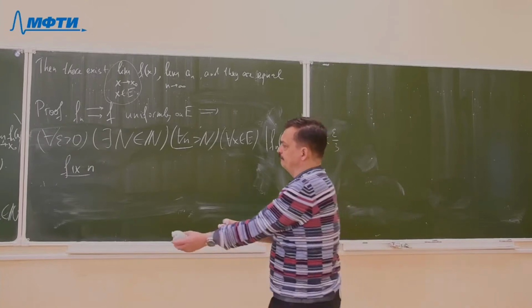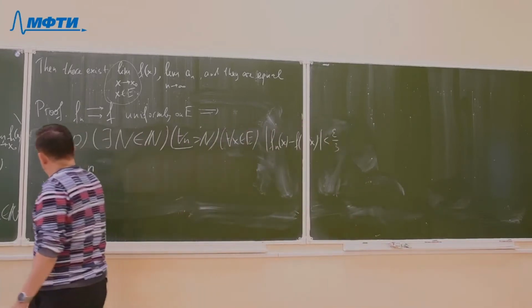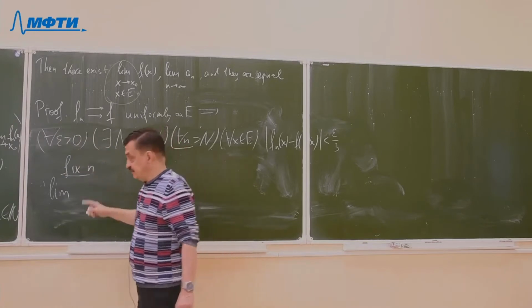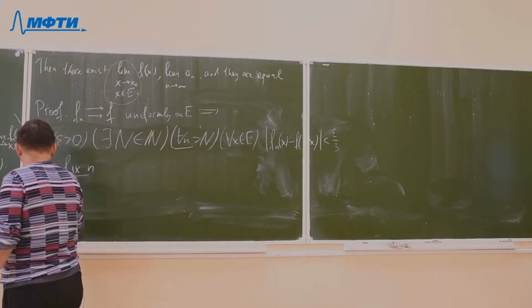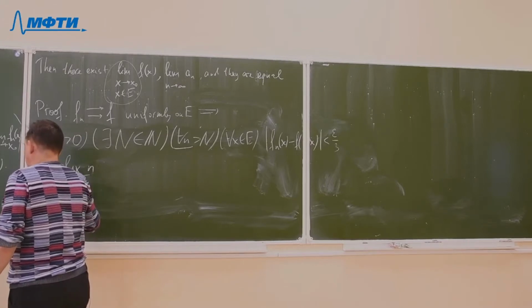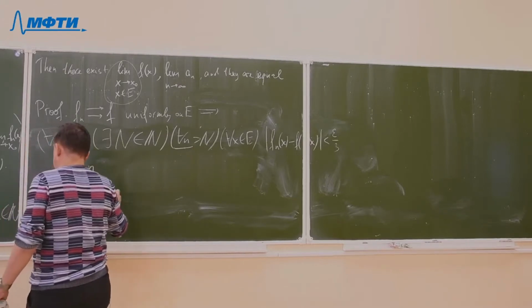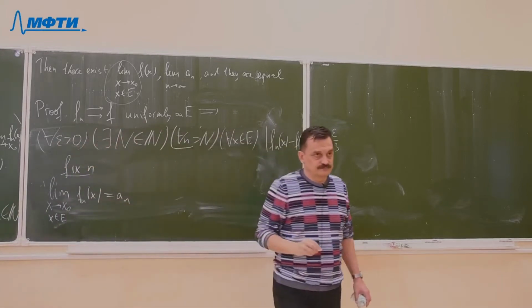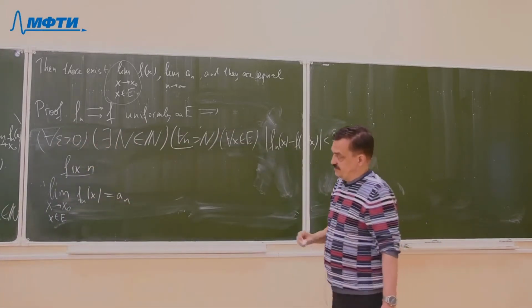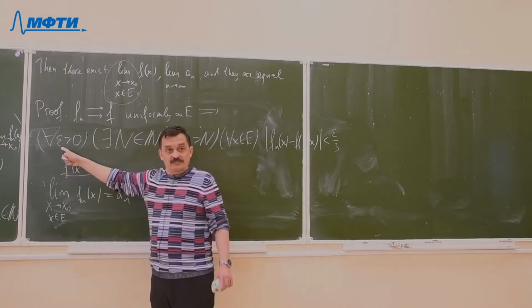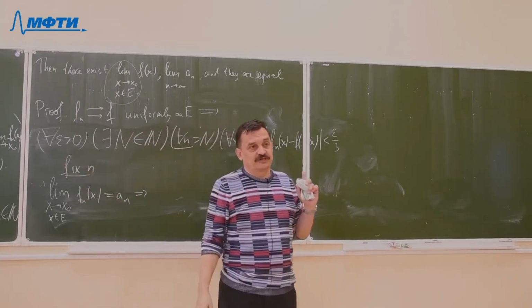Okay, then look. The limit for this n, as x tends to x naught, x in E, of fn of x equals an. We know what it means. For our epsilon, remember, I fixed it, right?